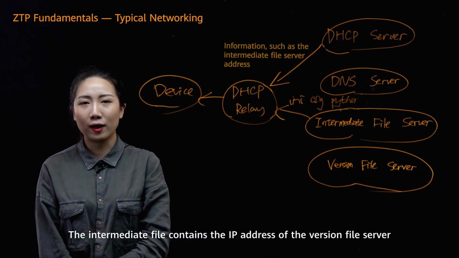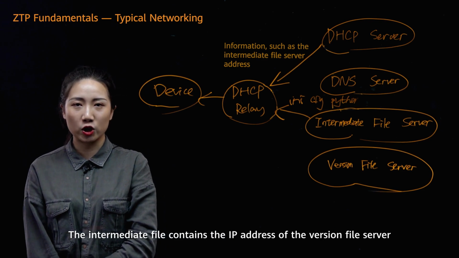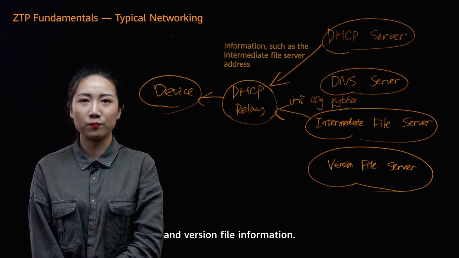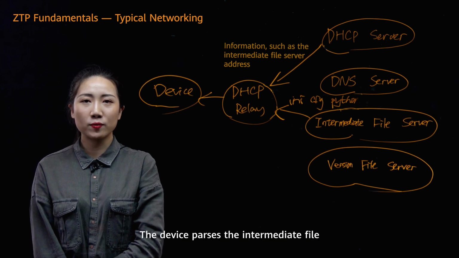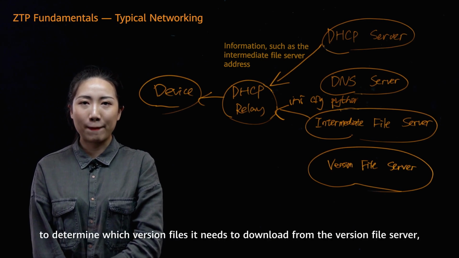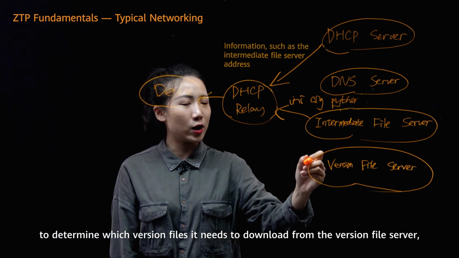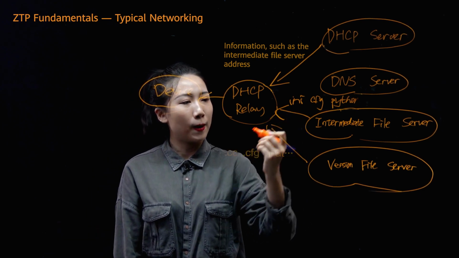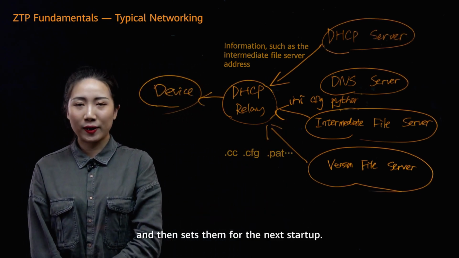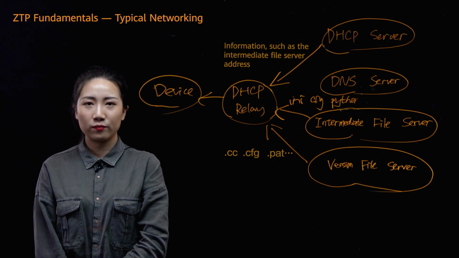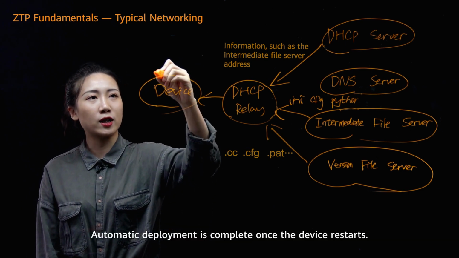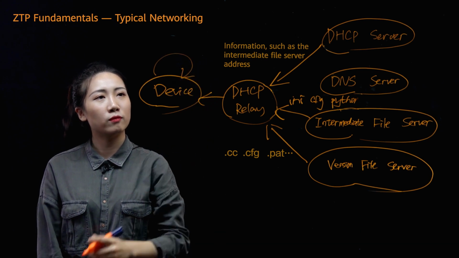The intermediate file contains the IP address of the version file server and version file information. The device parses the intermediate file to determine which version files it needs to download from the version file server, and then sets them for the next startup. Automatic deployment is complete once the device restarts.